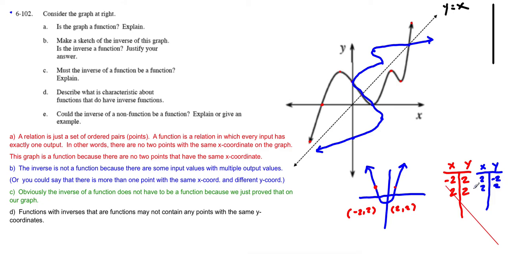It's not a function. So any function that goes up and down and ends up having two points with the same output values, the inverse of it will definitely not be a function. So functions with inverses that are functions may not contain any points with the same y values like this one did.